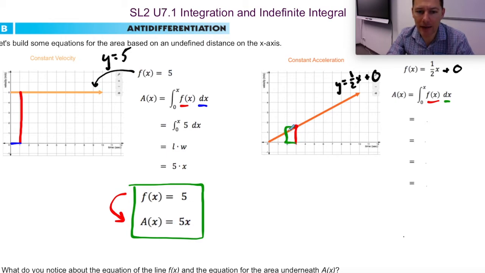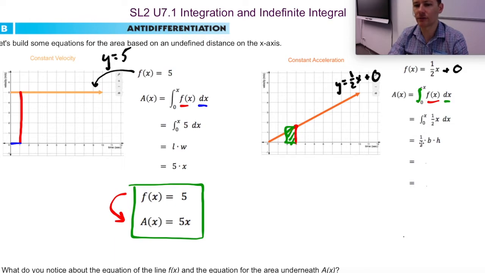We're making a little box, length times width, and we're summing them all up. So let's keep going with that, right? F of x was half x, there it is. Dx is still dx, so this is how you find the height.